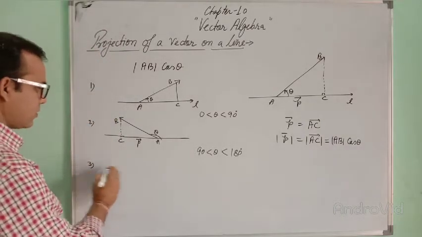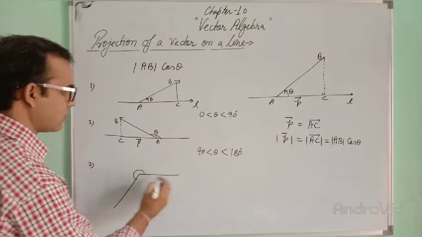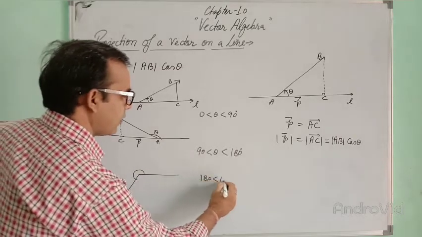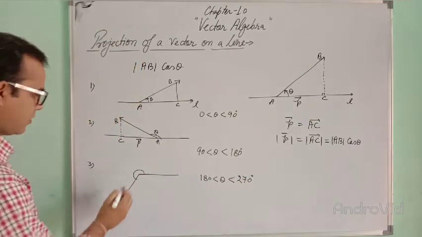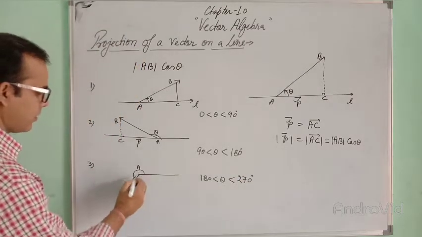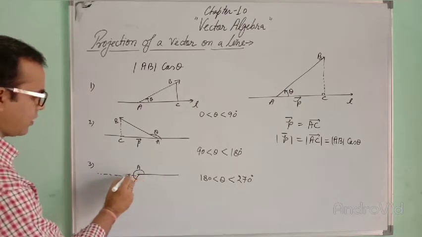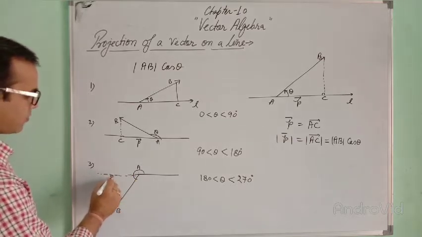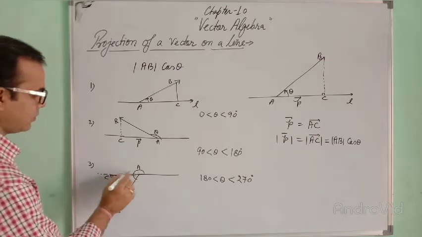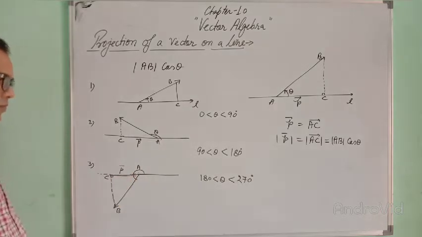Now the third case, when theta is greater than 180 degrees but less than 270 degrees. This is the AB vector here. Then the projection of this AB vector will be this point C. So this will be the P vector here.